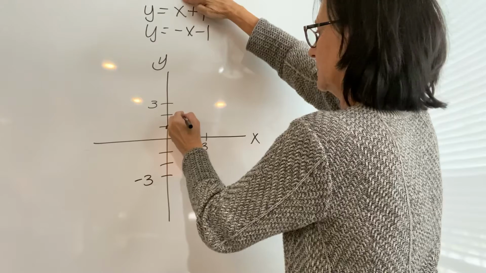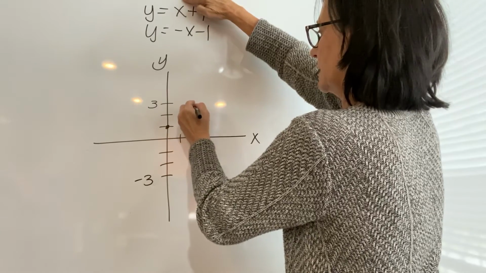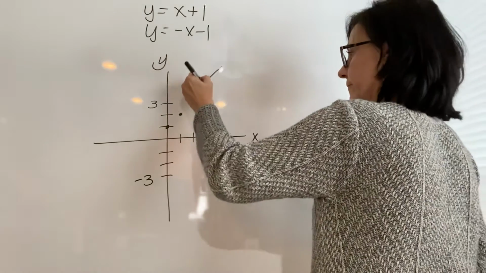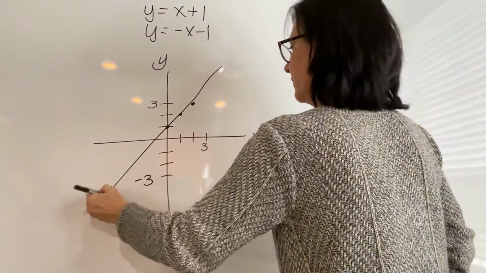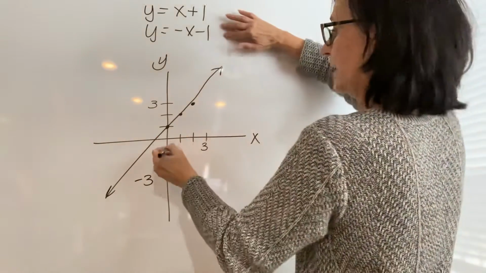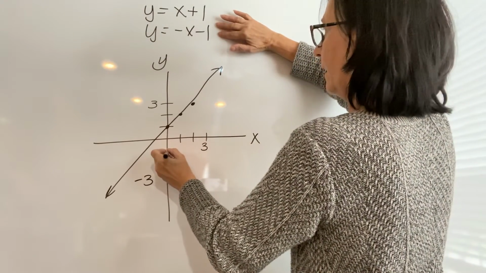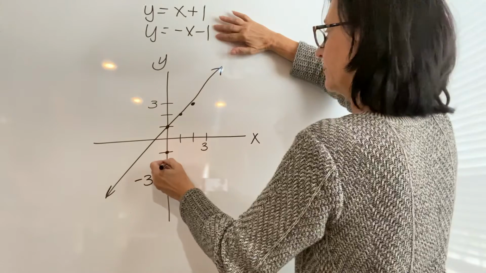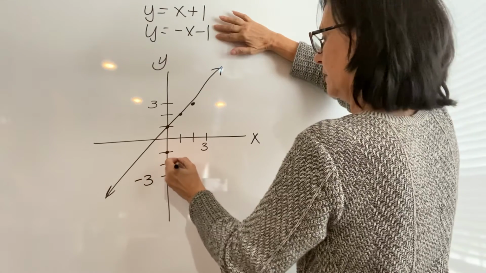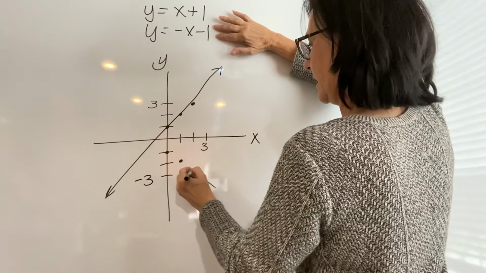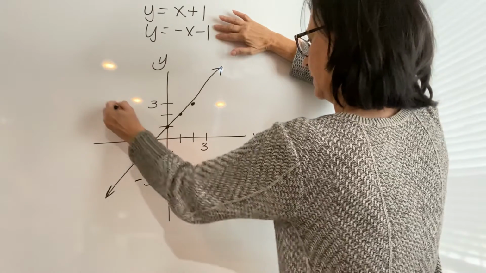Let's see if we can draw this one. This one begins at negative 1. It falls 1 as it runs. Look, it's going to intersect right here.